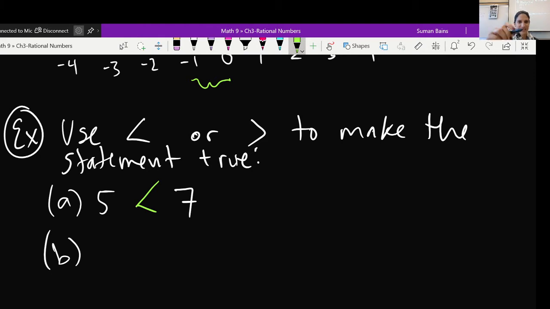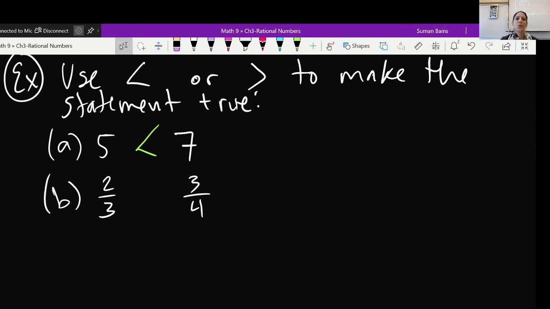Okay, so this is just recapping or getting us familiar with some of this stuff, but maybe the next one's a little more interesting. If we have 2/3 and 3/4, so you have 2 fractions, it's not quite as straightforward. What's a really good strategy? You might just know this by looking at it, but let's say you have to show your work or prove what you're saying.